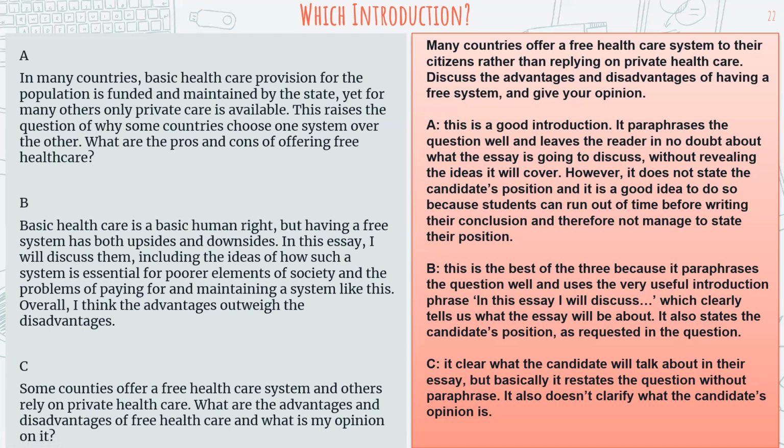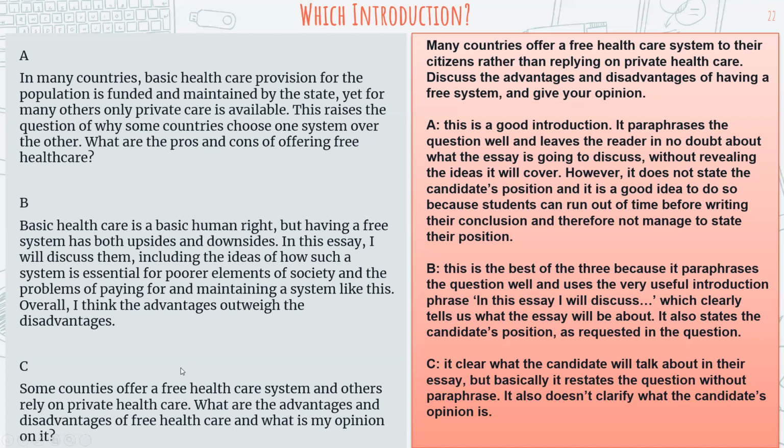This expression tells the reader what the essay will be about. It also states the candidate's position or the student's position. Overall, I think the advantages outweigh the disadvantages. So this was requested in the question, and I like this one a lot.